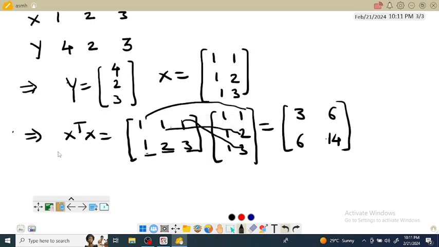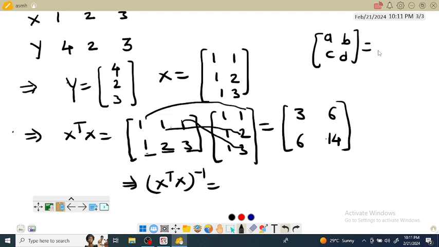So the (X^T X) inverse is equal to... Now we know that for a square matrix A, if [a b; c d] is the given matrix, then its inverse can be found by using 1 by the determinant, interchanging the diagonal values d and a, and changing the sign of b and c.